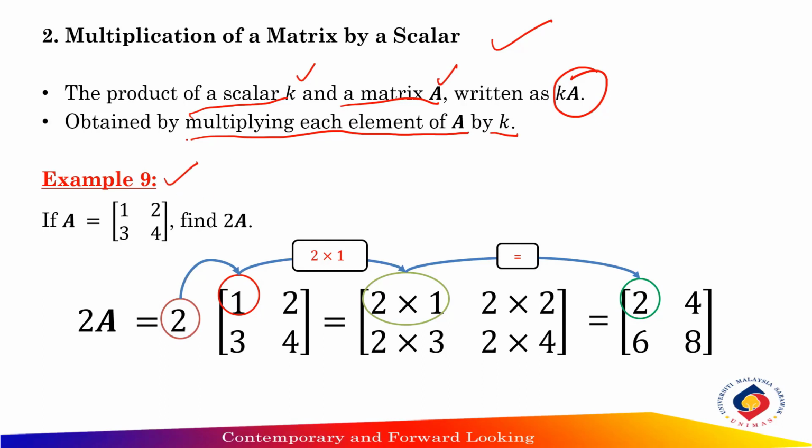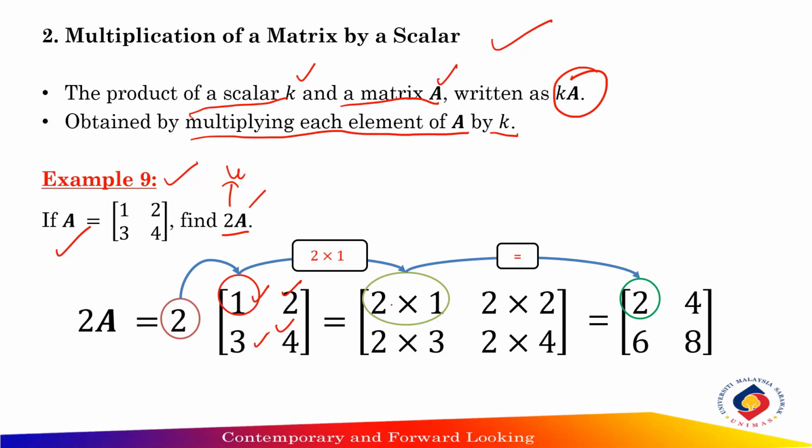Now look at example 9. You are given matrix A and then find 2 times A, where 2 here is a scalar and A here is the given matrix. Then the product of 2 and matrix A here is obtained by multiplying each element of matrix A by 2.